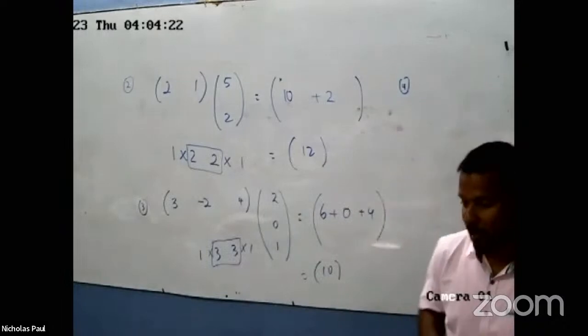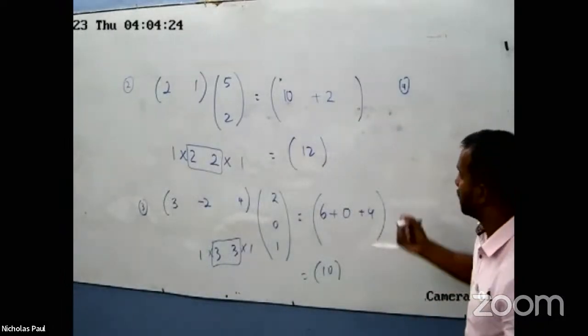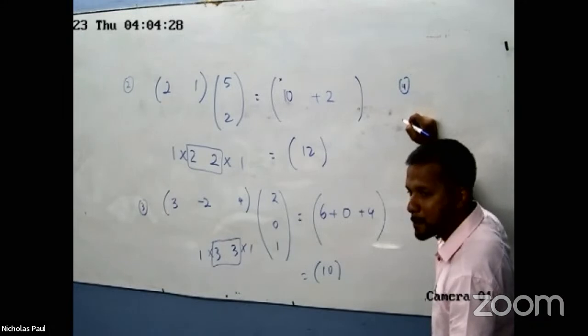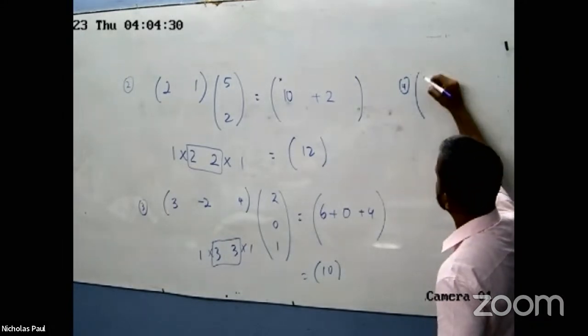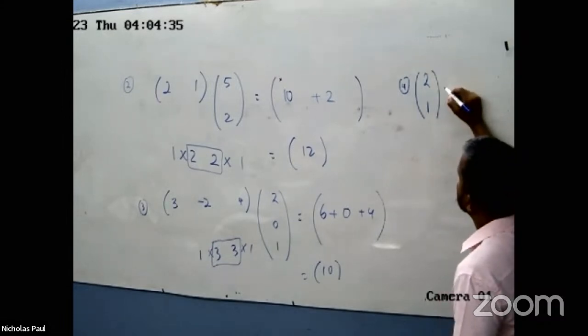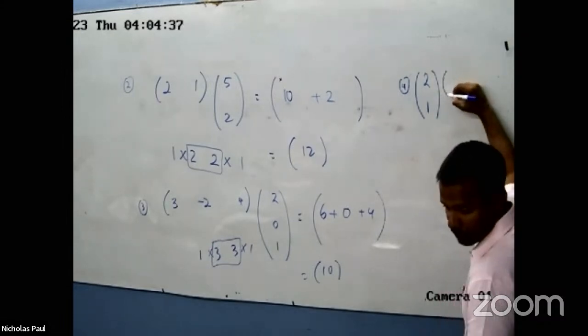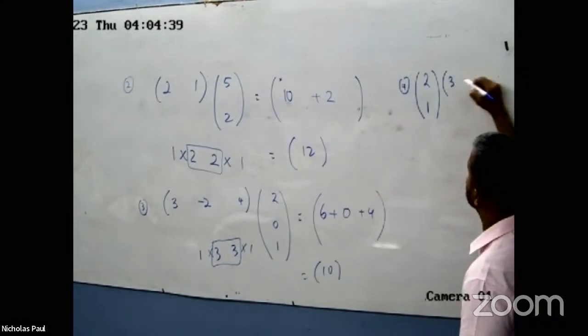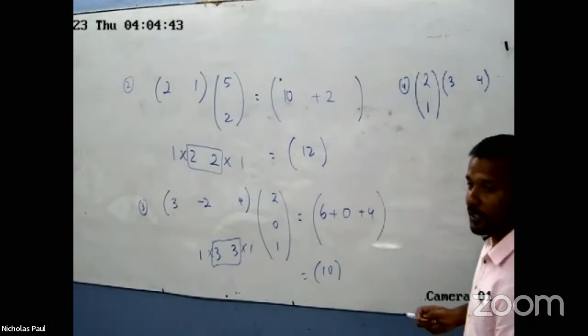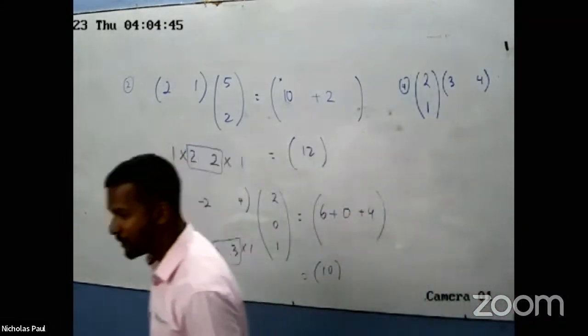All right, let's go again. 2, 1, 3, 4. Check and make sure you can multiply first.